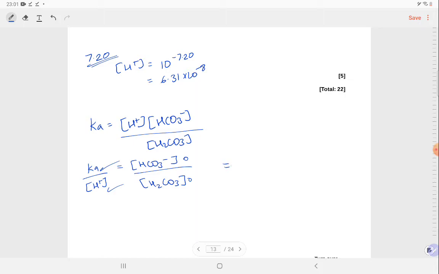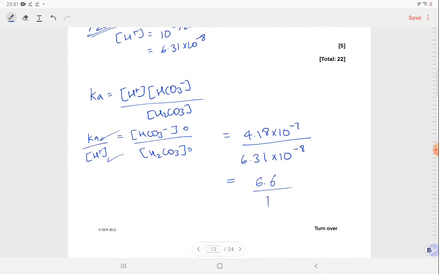which basically means you've got 4.18 times 10 to the power minus 7 over 6.31 times 10 to the power minus 8. That's your ratio. Obviously, using a calculator, you can easily work that out. That would be 6.6, and this would be 1.